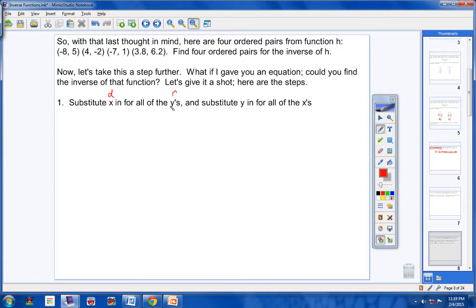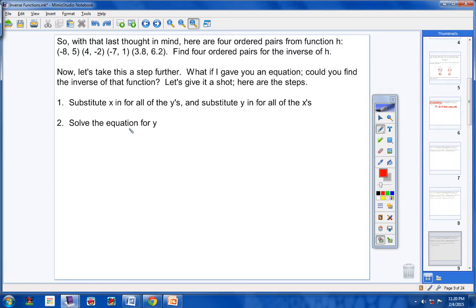So doesn't it make sense that if you're given an equation and you want to find its inverse, everywhere there's an x, you put y's, and everywhere there's a y, you put x's. Makes total sense. And then step 2 is you simply solve the equation for y. Okay, that's it. 2 steps, and you can very easily write inverse functions.